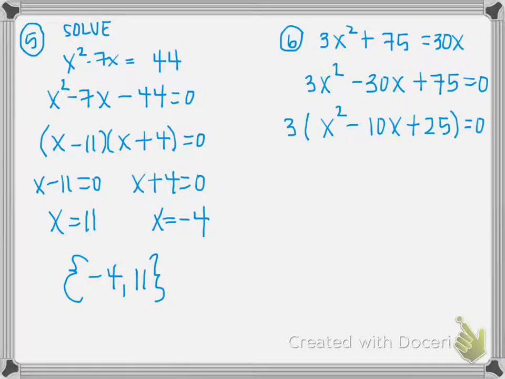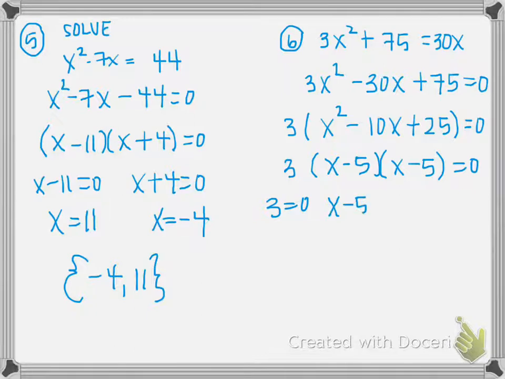Alrighty. So now, can I factor x squared minus 10x plus 25? So does something multiply together to give me 25 and add together to give me a negative 10? So that is an x minus 5 and an x minus 5. Okay, you're going to set your factors equal to 0.